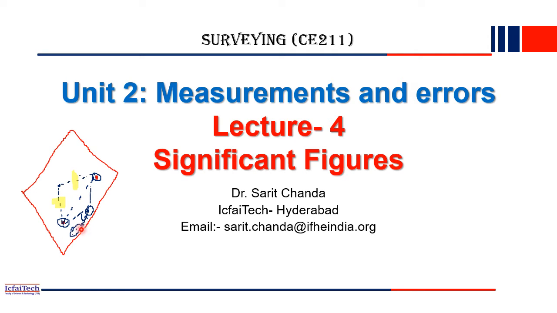That's why error is very important to discuss in surveying, because error will keep increasing as you further do the surveying. So measurements and errors is a very important topic in surveying. In this lecture number 4, we will be discussing significant figures in measurement. So let's get started.